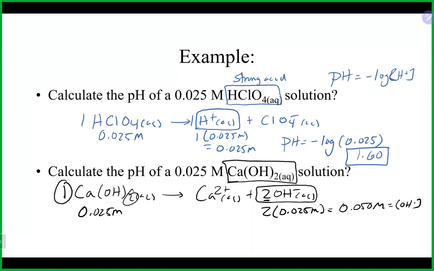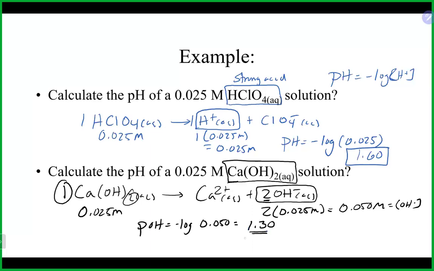Now that we have that, we can use it to calculate our pOH, which is minus the log of our hydroxide. And that is going to yield us a 1.30. Now, in case you got confused and thought that this was the pH, it really shouldn't make sense to you, because that's a base and that would then be an acidic pH, which wouldn't make sense.